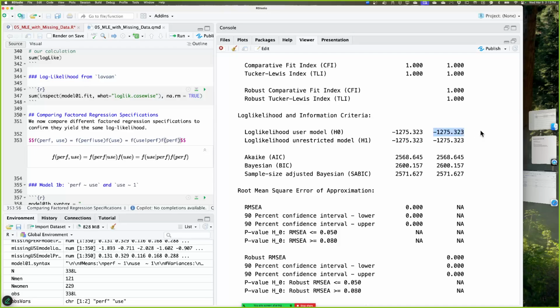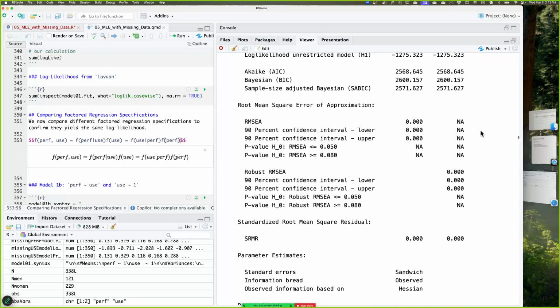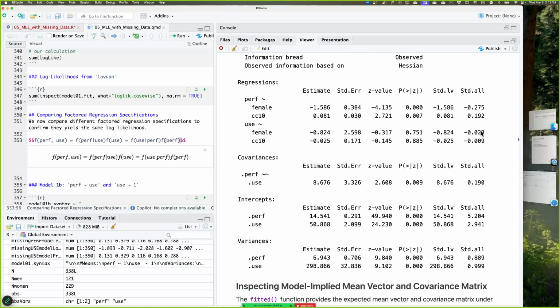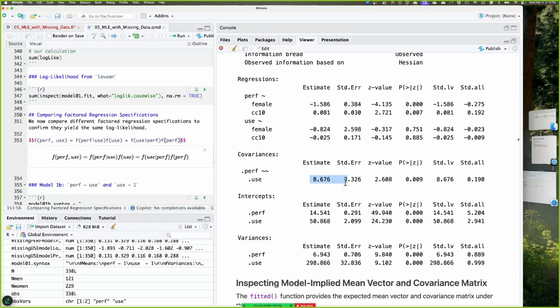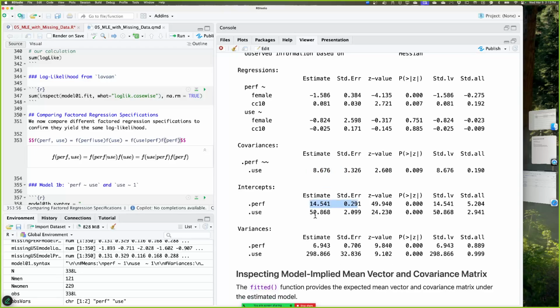We have a different log likelihood now, but that's because we're predicting these variables and their values are sort of residualized. And when we get to our parameter estimates, again, you'll see our regression coefficients for each. Now, you may be tempted to say these are the intercepts, or these are the means, but remember they're intercepts. That's why they're listed in the intercept section.